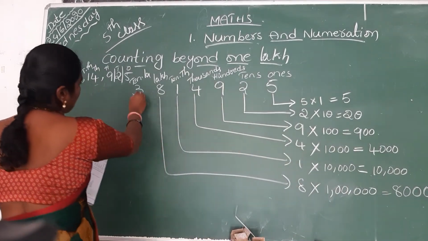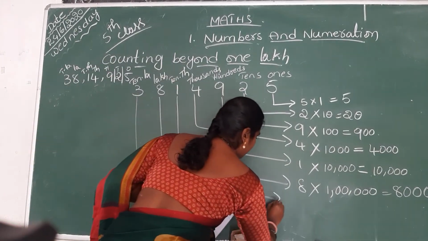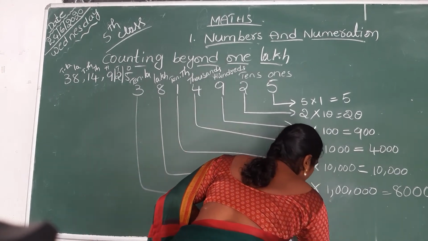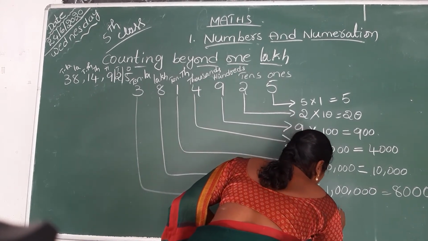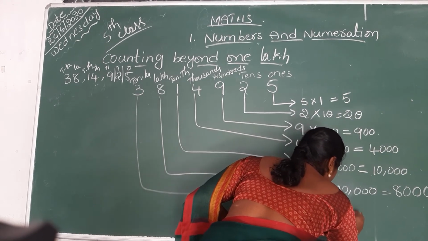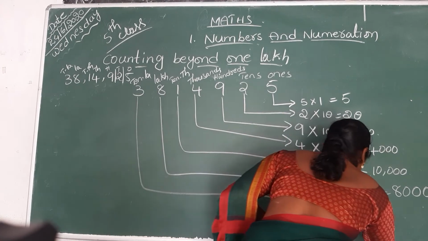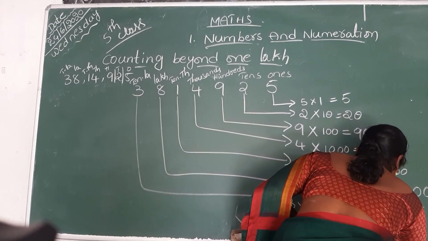Next, last number 3. 3 is in 10 lakhs place. Ones, tens, 100, 1000, 10,000, lakh, 10 lakh. 3 into 10 lakhs, that is 30 lakhs.